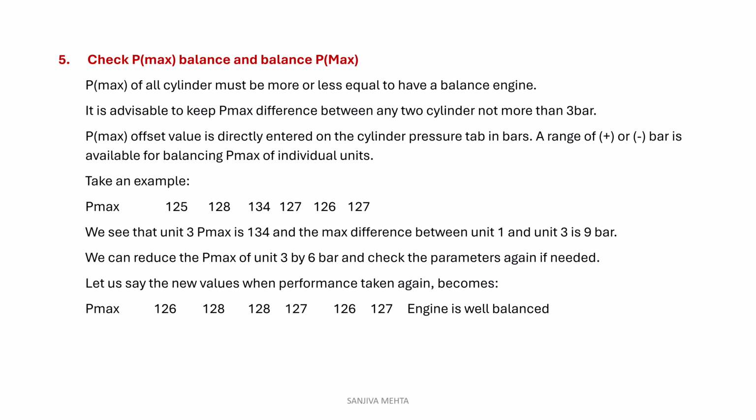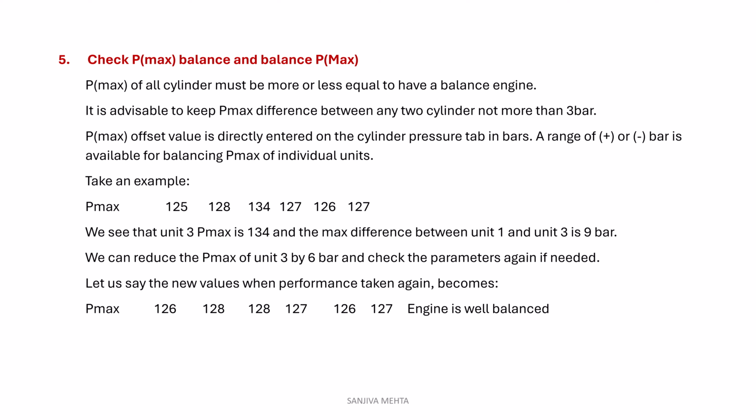Some may depend on your company, but as per my view, it should not be more than 3 bar, plus minus 3 between two units. It is advisable to keep Pmax difference between any two cylinders not more than 3 bar. Pmax offset value is directly entered. The value is in kg per centimeter square. How many bar? You want to increase number 2 unit by 3 bar? Just increase by 3 bar straight away.